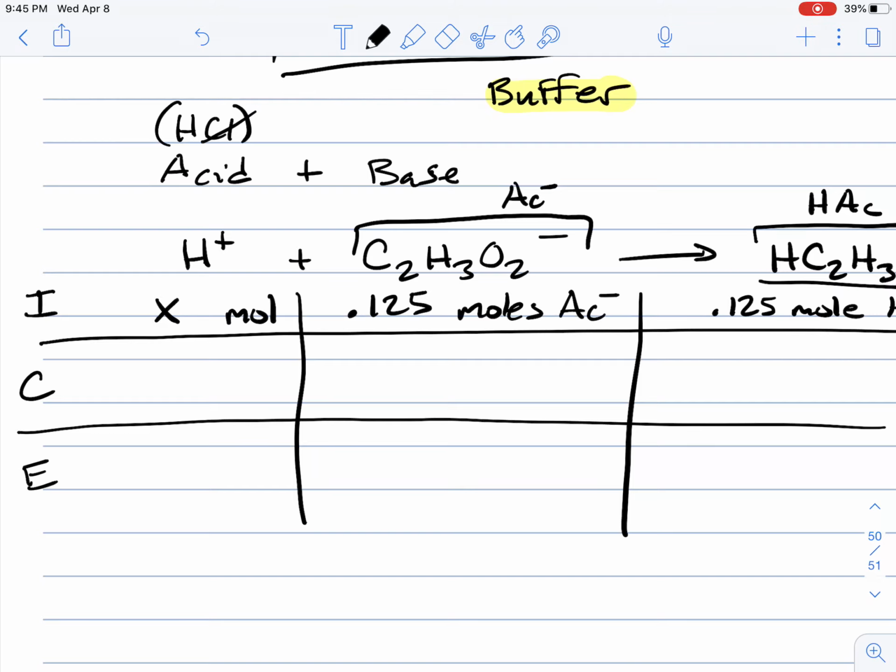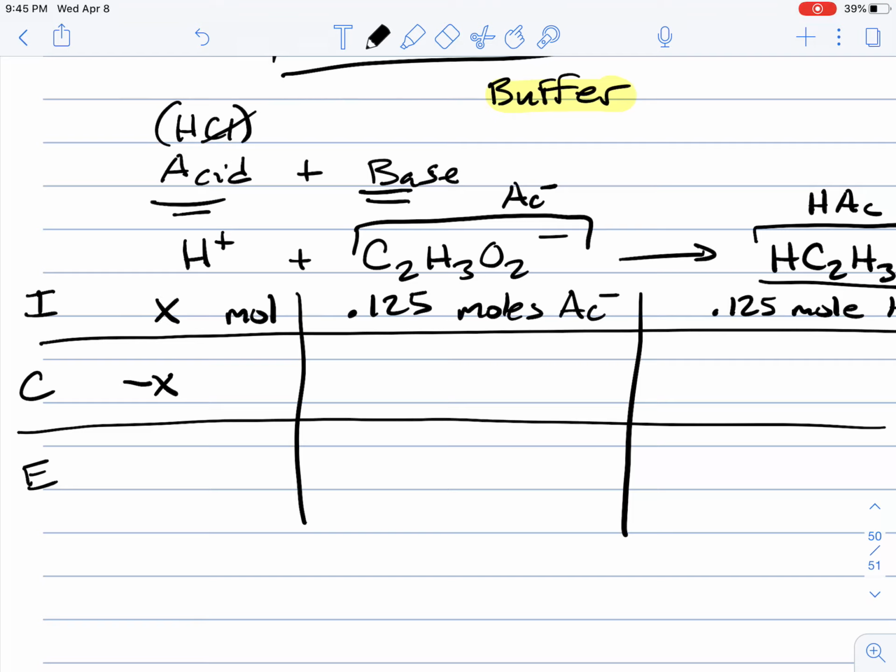In other words, the change is going to be less than the initial amount for the acetate. When an acid-base reaction occurs, both components get consumed, but the limiting reagent gets completely consumed.